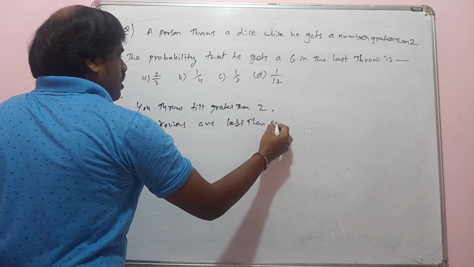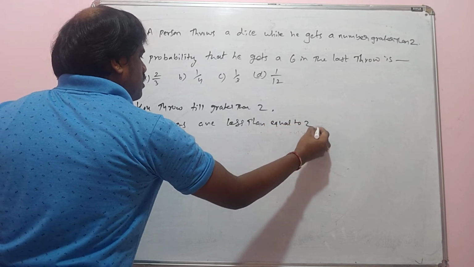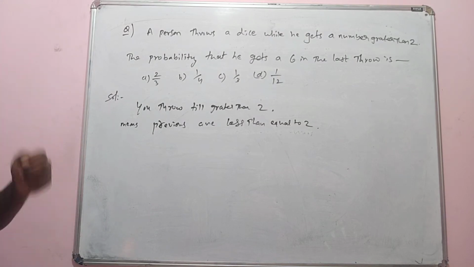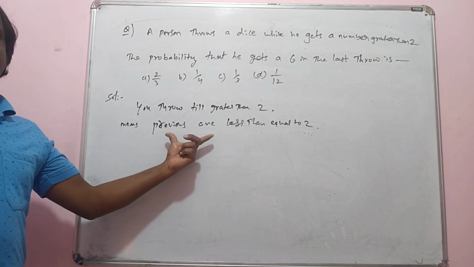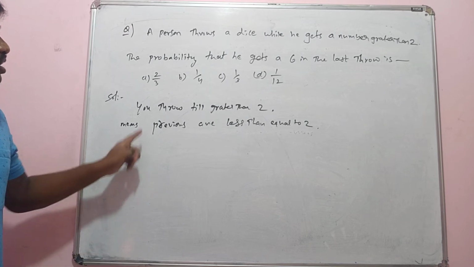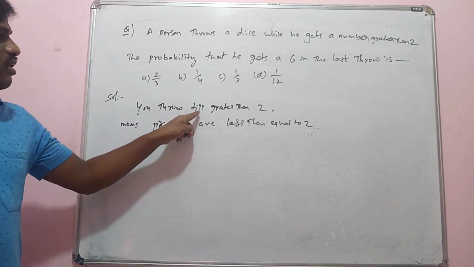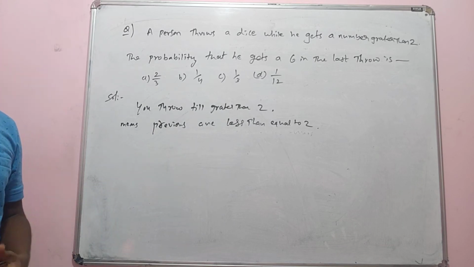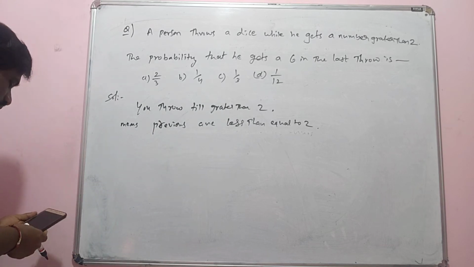This is what you need to understand in this question. Mainly this is the highlight of this question. So if a person throws a die till he gets a number greater than 2, the probability that he gets a 6 in the last throw is the question. You are throwing till greater than 2, so the previous throws are less than or equal to 2.